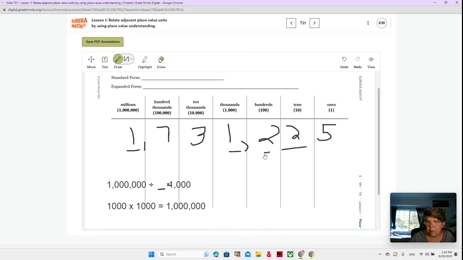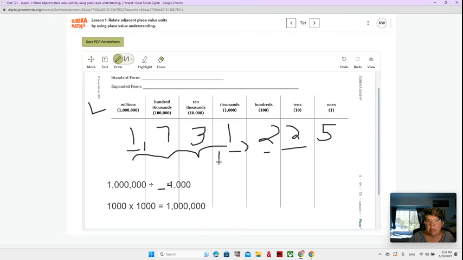So it's not just multiplying by 10 and dividing by 10 to go from 20 to 200 and 200 to 20. Now we have 1,000 and a million. If you remember from our last video, we're going to multiply by 10, multiply by 10, multiply by 10, moving 3 spaces to the left.